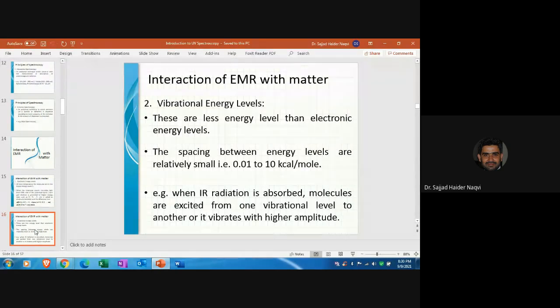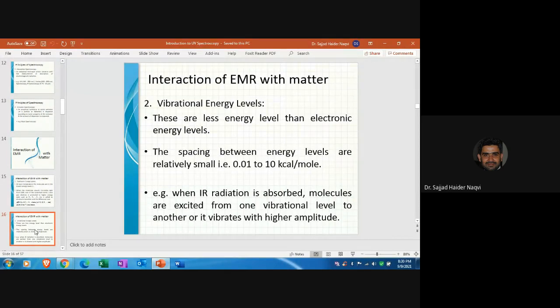So the spacing between energy levels from one to another, like from E naught to E1 and from E1 to E2 and so on and so forth, is relatively small, in the range of 0.01 to 10 kilocalorie per mole. So in case when IR radiations, like you are passing the IR electromagnetic radiation through a sample, and it is absorbed, the molecules are excited from one vibrational level to another, or it vibrates with a higher amplitude.